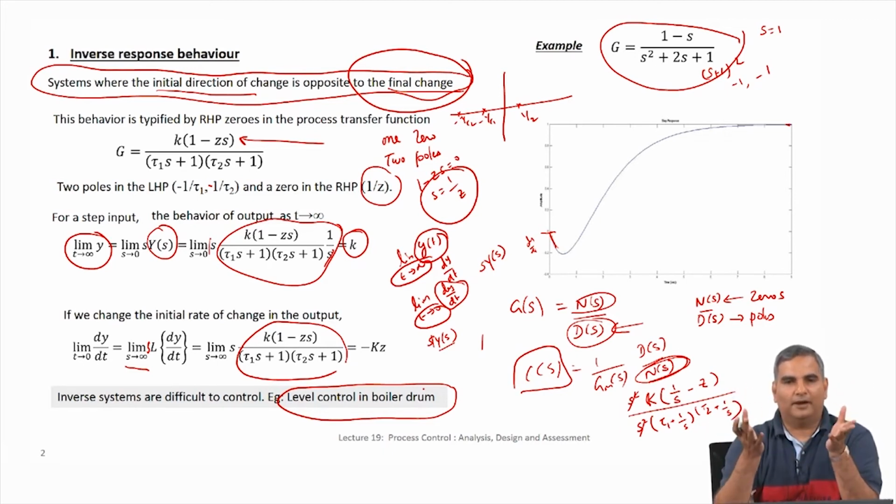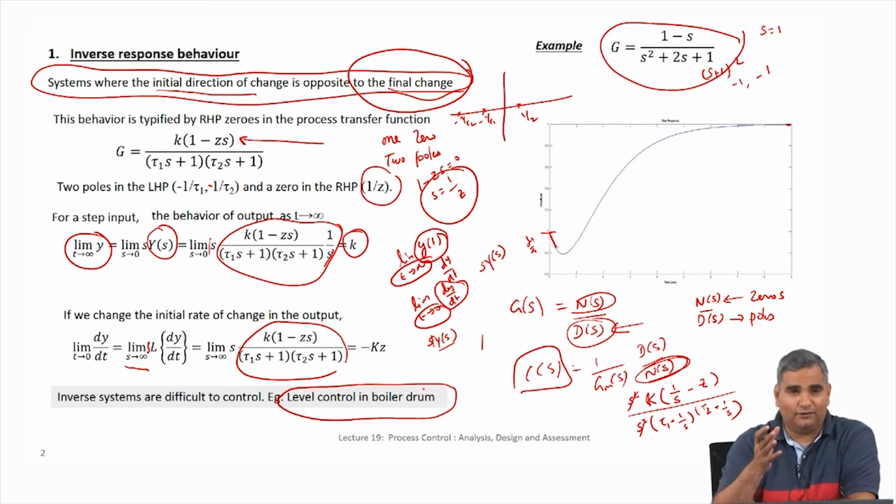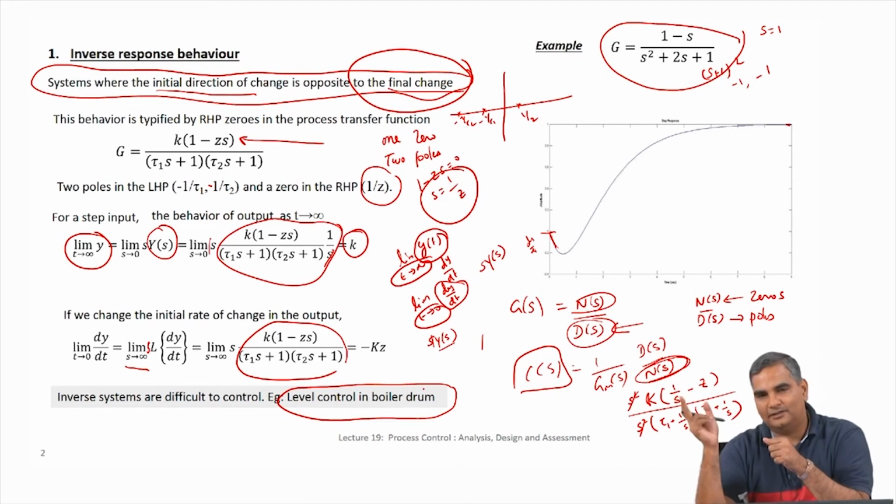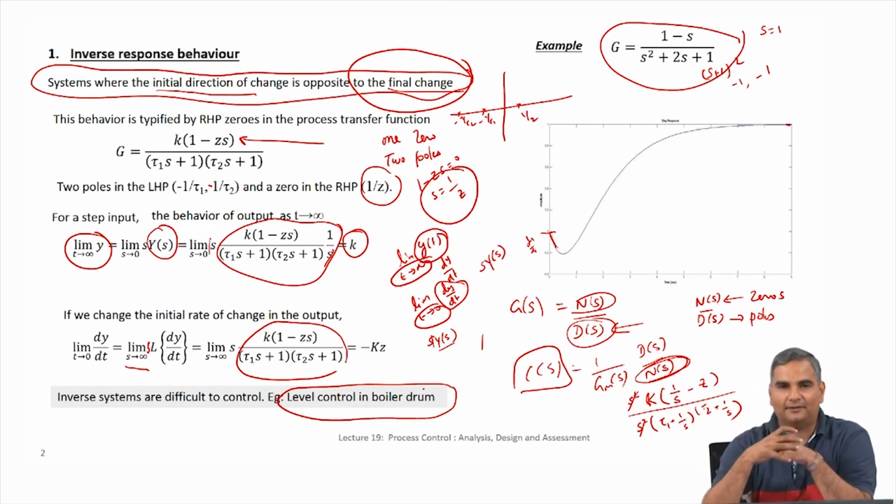So, on a normal bike, when you are driving and you want to turn right, you will turn the steering a little bit and it will go right. Supposing for some crazy reason the manufacturer has given you an inverse response behavior bike, then what will happen is the following. When you are going and you want to turn right, of course you have to move your steering to your right, because the ultimate change in direction is going to be right.